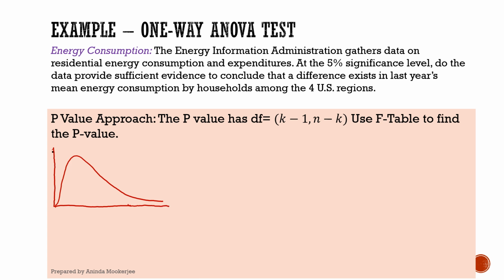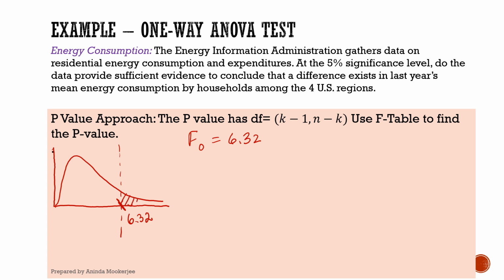This time we will use our test statistic value, which was F sub 0 equals 6.32, and indicate that on our diagram here. Let's say it's located somewhere here. I don't know, let's just put it here.